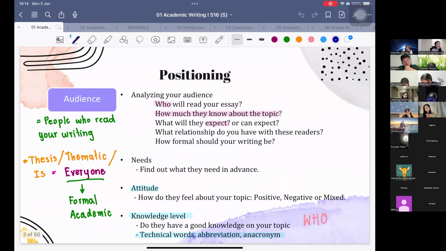First of all, the audience. Before you write, it would be great to know who you write to. Who's going to read your work? Let's say you write this writing piece to a child.